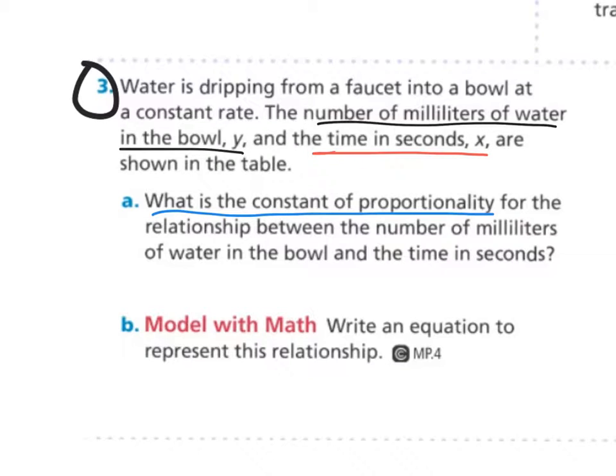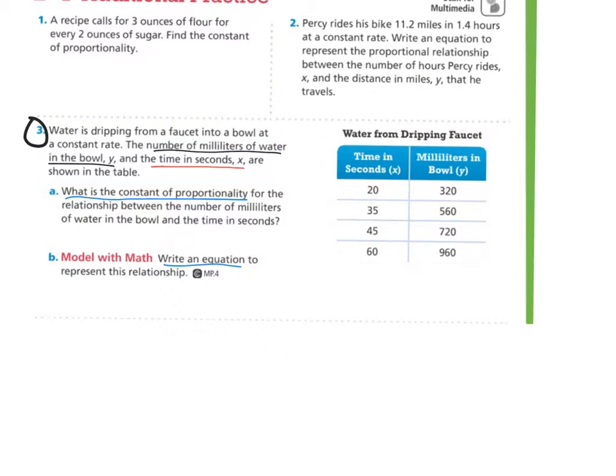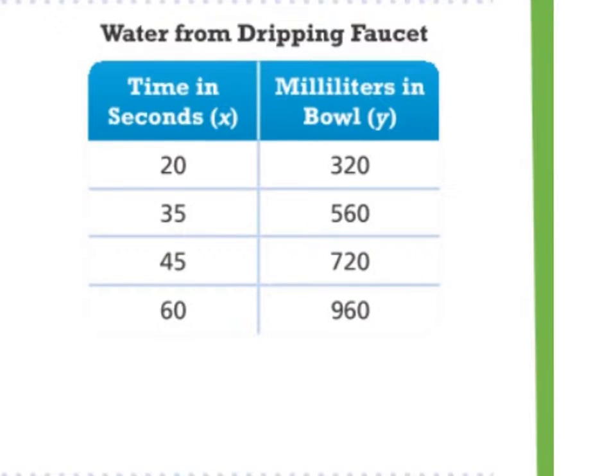And then part B, they want us to write an equation. So they are telling us basically that it is proportional by how they've got this worded. We would want to double check that they're correct probably.